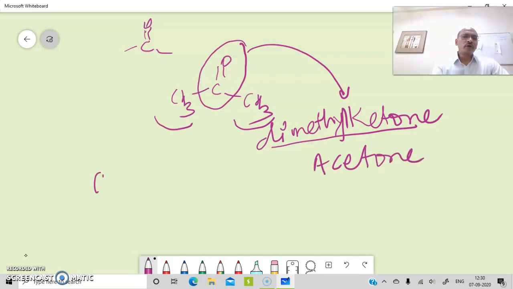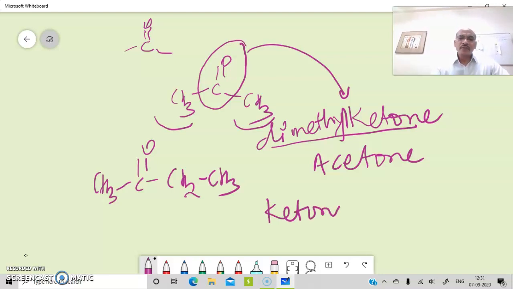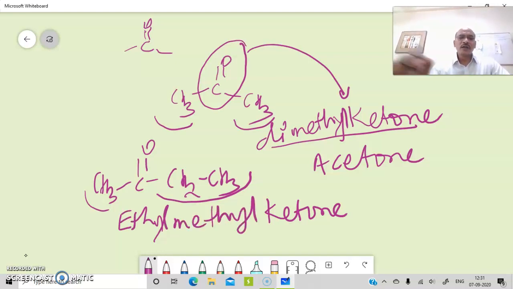Okay, if two different groups are connected to C double bond O, then two different names will be there. But as a family name, there will be the word ketone as the last word, and before that, the two different names you have to arrange in alphabetical order. So it will be ethyl methyl ketone.